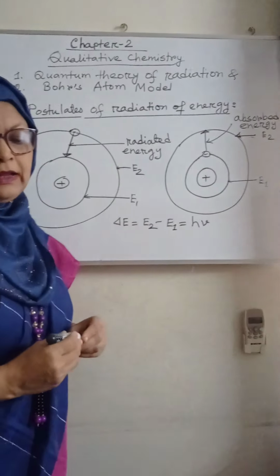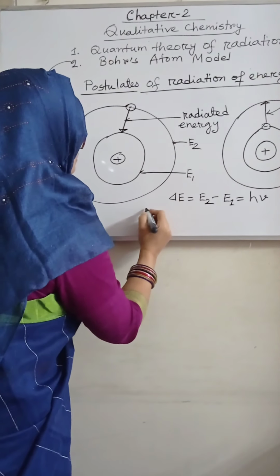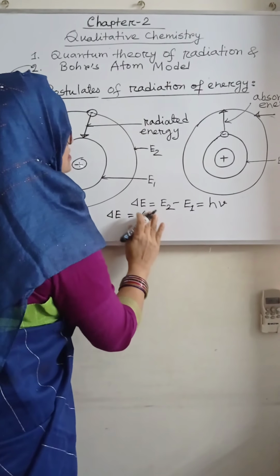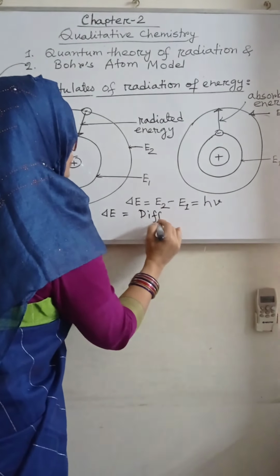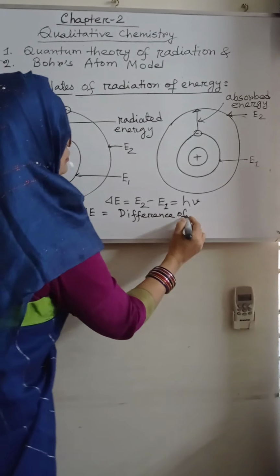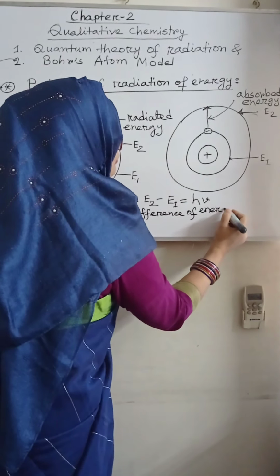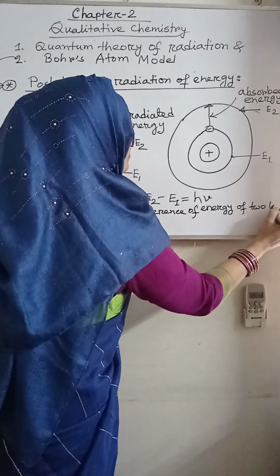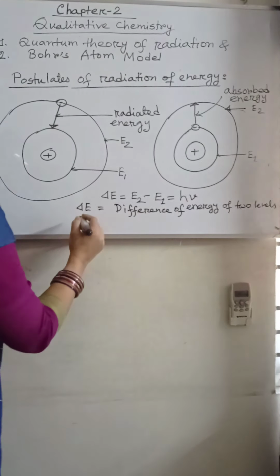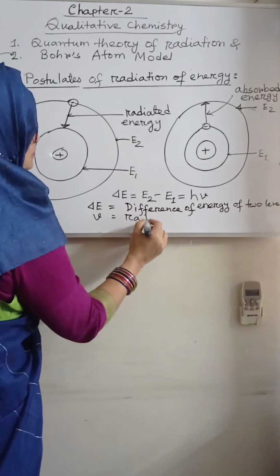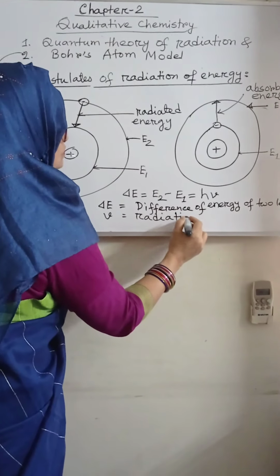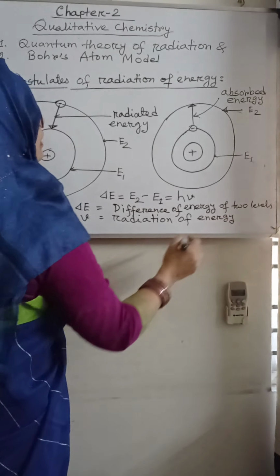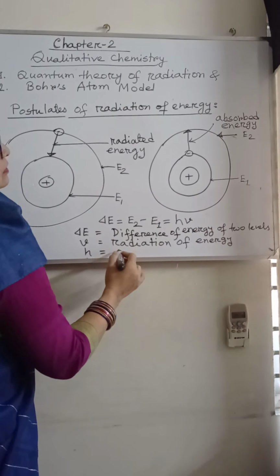Here delta E equals the difference of energy of two levels, and nu is the frequency of radiation, and h is Planck's constant.